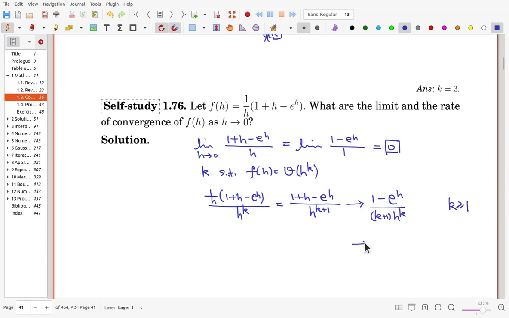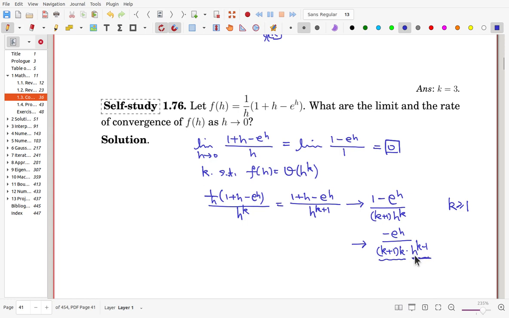Now we apply one more derivative. Then there is minus e to the h on top, and the bottom is k plus 1 times k times h to the k minus 1. Here the top is approaching minus 1. Okay, that is a constant, and it cannot be 0.